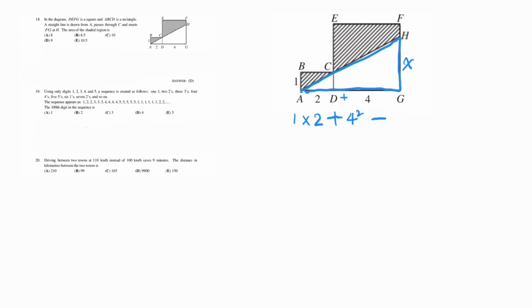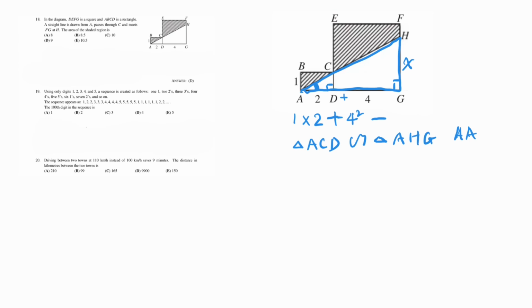So we notice that triangle ACD is similar to triangle AHG. That's AA similarity. They share the angle A. Also, another angle is the right angle. So that's AA similarity.